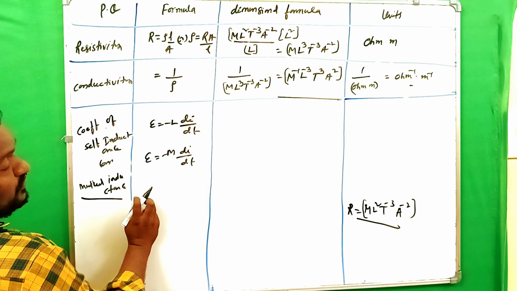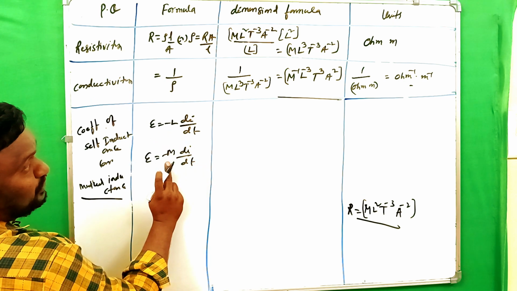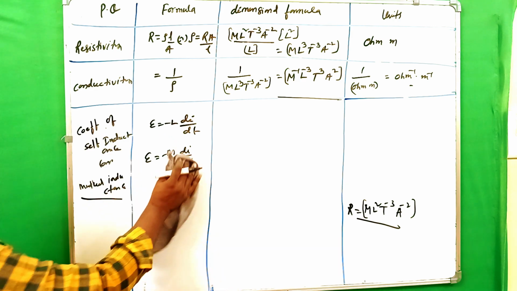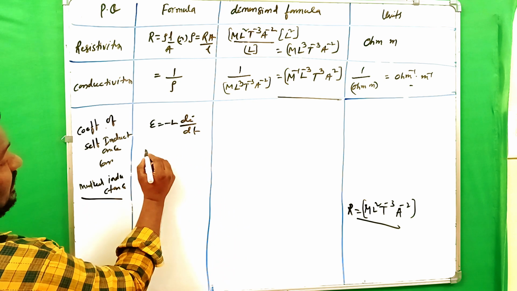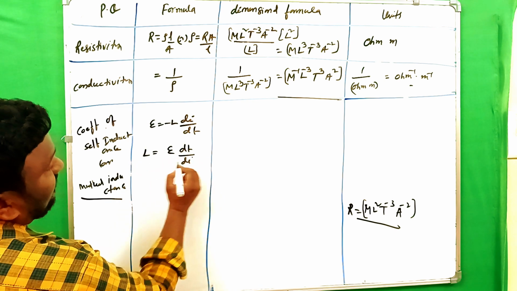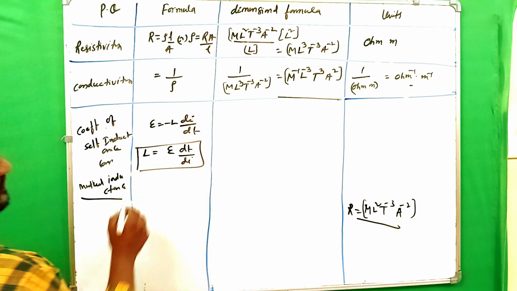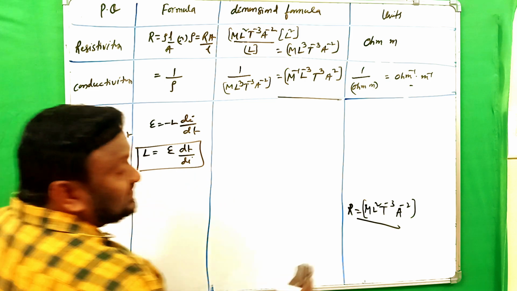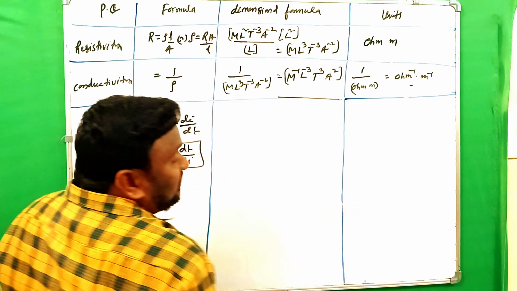Here L is the self-inductance and M is the mutual inductance. So from that, L is equal to epsilon into dt by di. What is epsilon? EMF.